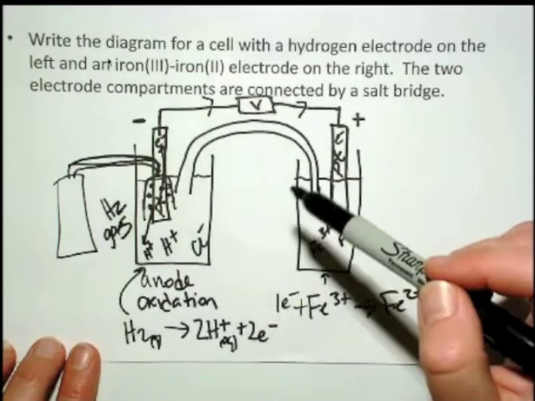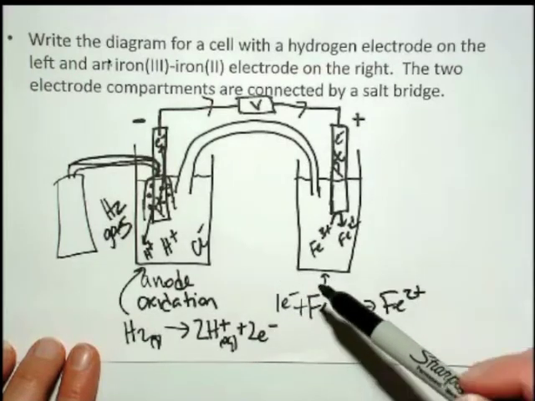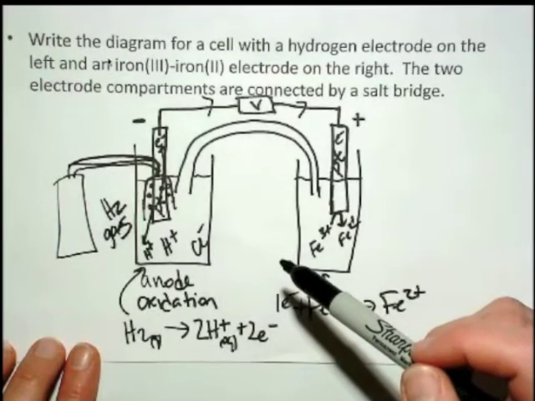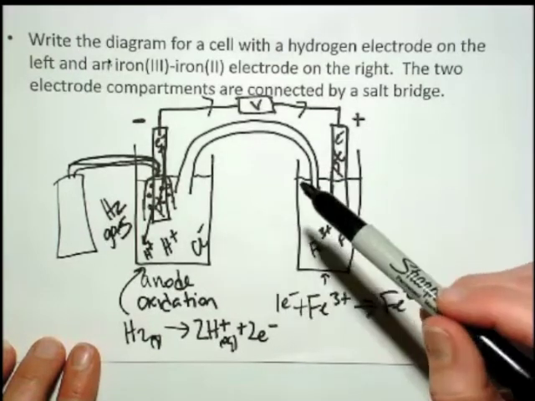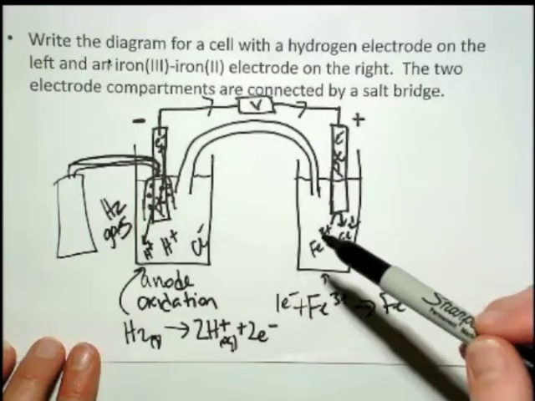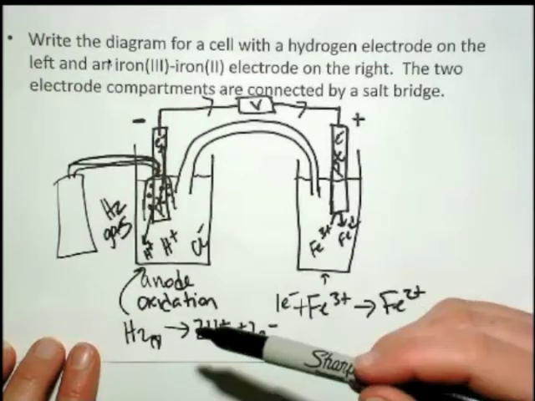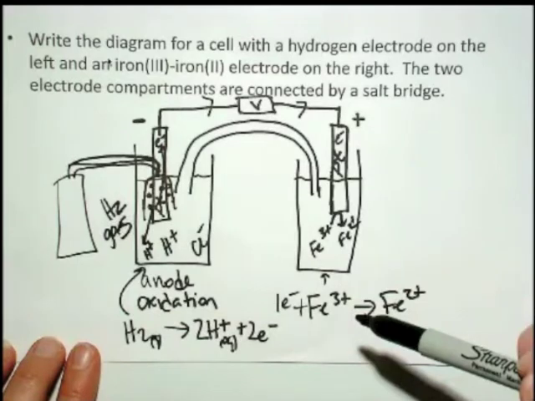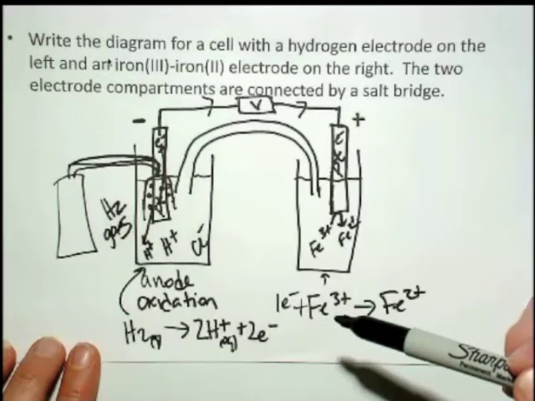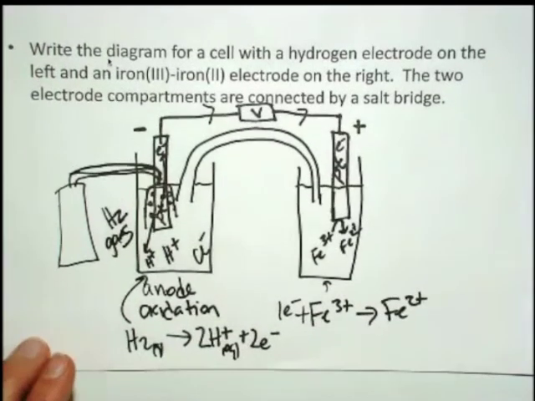I don't necessarily think you could have come up with that on your own, but this is what chemists and engineers do. They think about what they have, what they know is a spontaneous change. If I put hydrogen gas with iron 3 plus together, there's going to be a spontaneous redox reaction. How can I separate the two to harvest it? That's what a lot of engineering research, or product development research, is in this field.